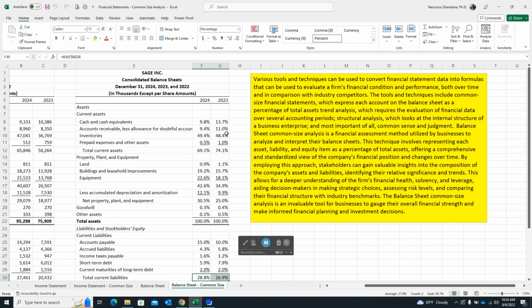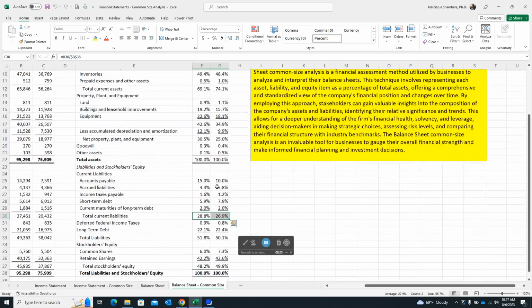Because at the same time, we were collecting our money better, right? So, accounts payable, if we're able to negotiate good terms with our creditors, there's no problem with that. And again, if our business is growing, of course, we need to increase those types of activities.